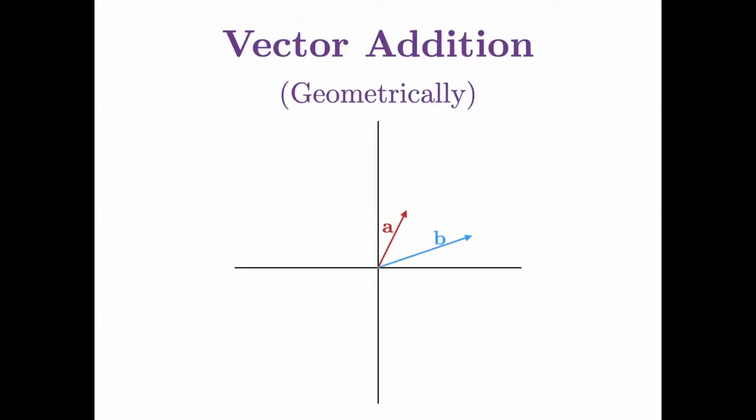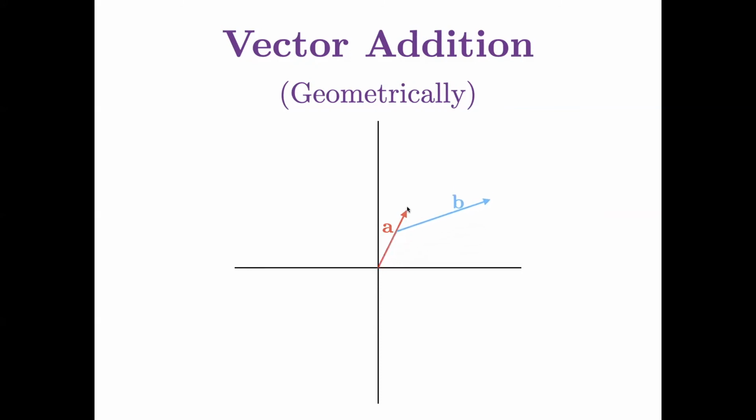We should also look at vector addition geometrically. I think the best way to think about vector addition is to think about a person walking. They start at the origin and first walk the direction and magnitude of a, and from the tip of the vector a, walk the direction and magnitude of the vector b.